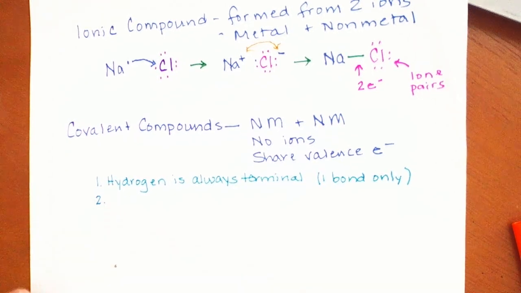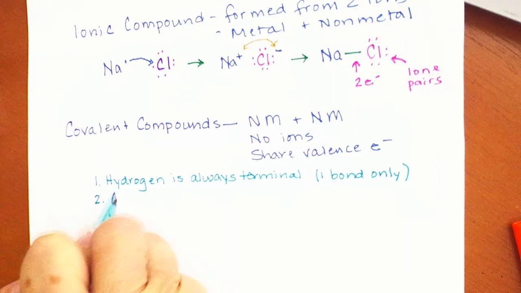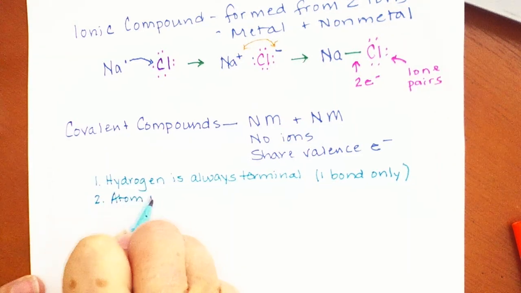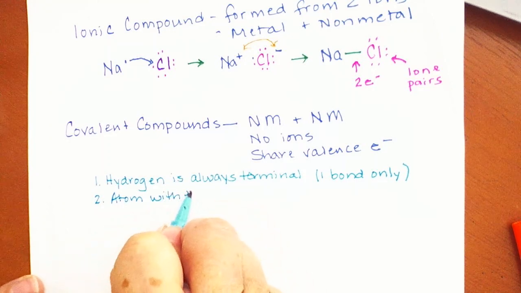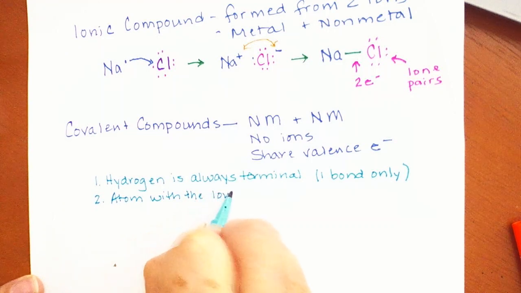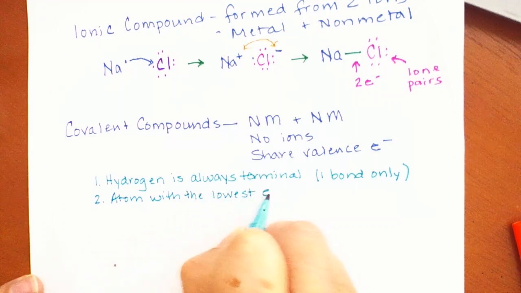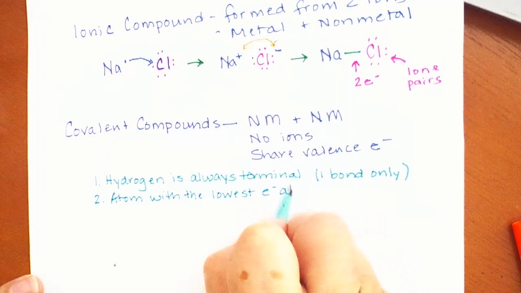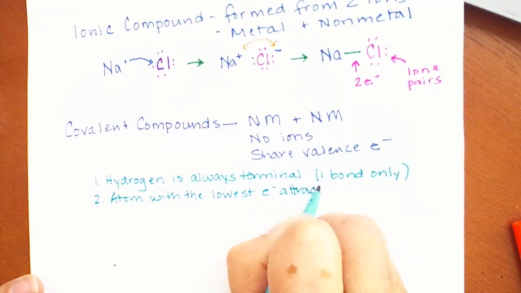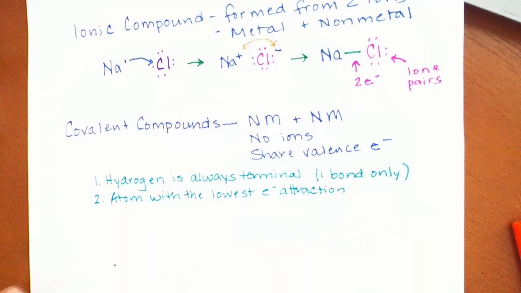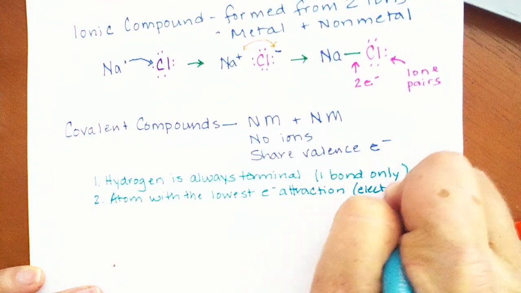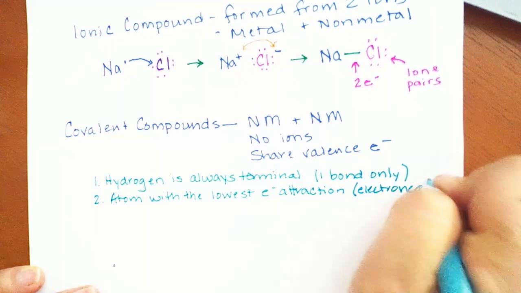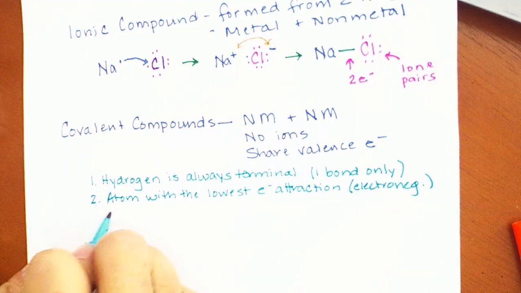Number 2, the atom with the lowest electron attraction. There's a word for that. Who has the lowest electron attraction? That would be the lowest electronegativity. The lowest electronegativity is in the center.